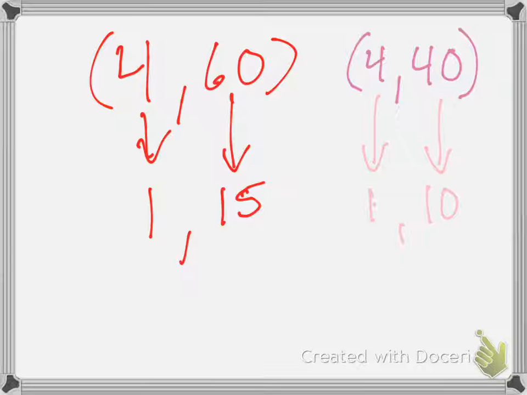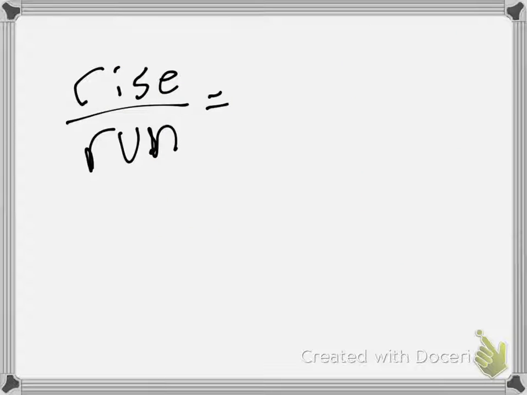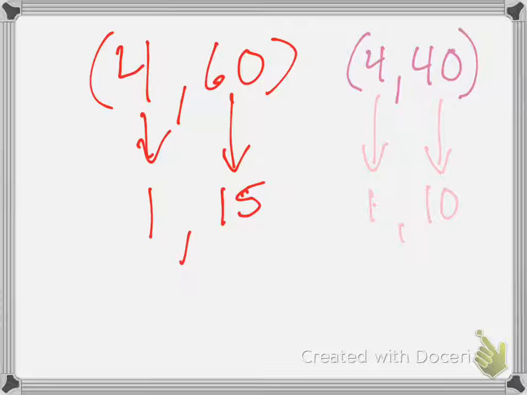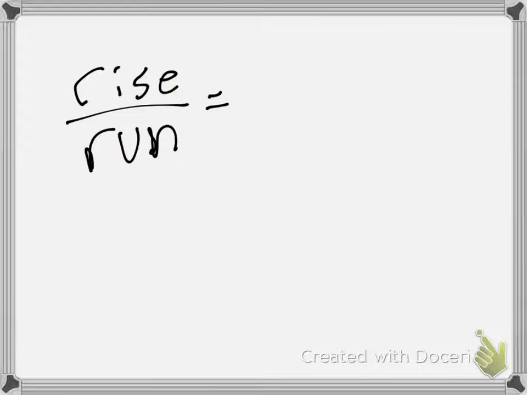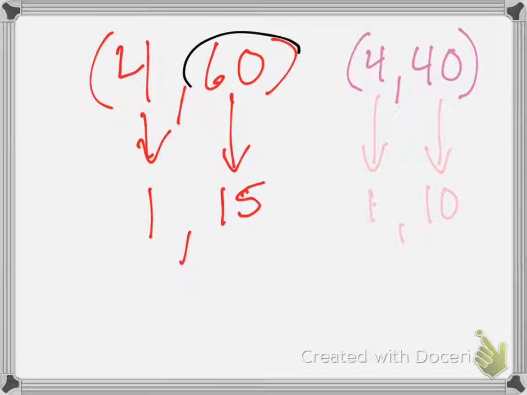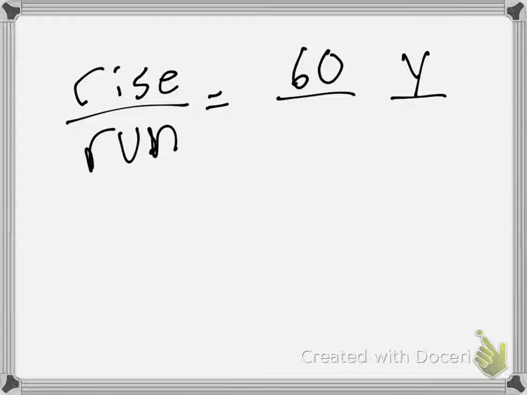Let's look at this one first for (4, 60). What's our rise in (4, 60)? What's our rise, Rafi? No. What's our rise in any way, Lily? Yeah, no. What's our rise, Elsie? 60, because that's the y value. The y value goes on top. Our ordered pair, this is our y value.